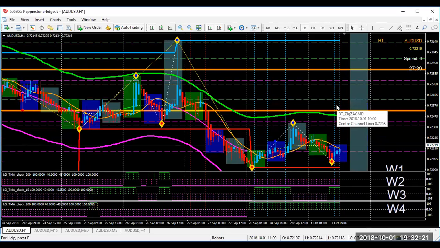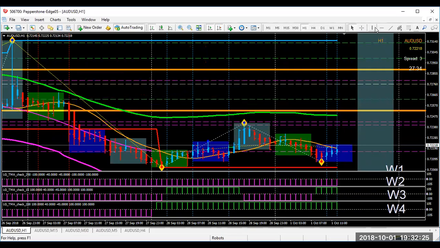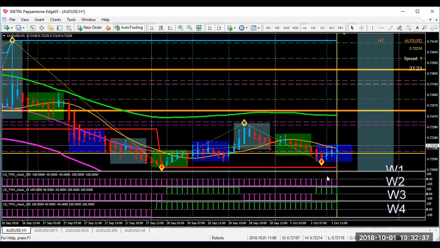So each one needs to be looked after. And the benefit of that is they're all saying the same thing. They're all saying there's momentum going up. Once again, you can see the more you do this, the easier it gets.